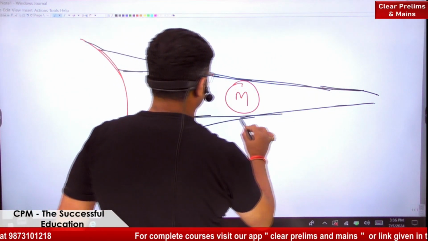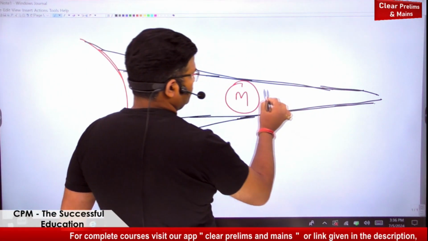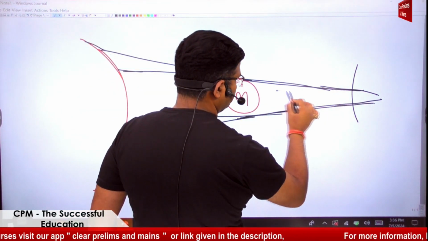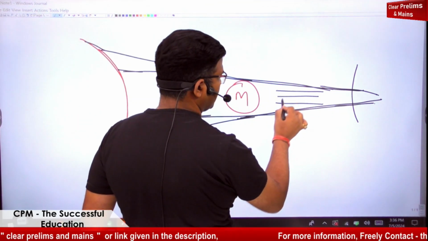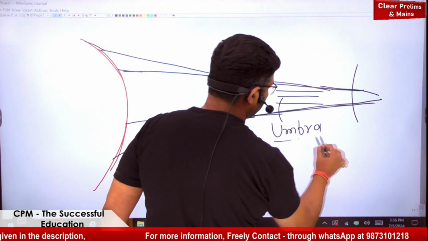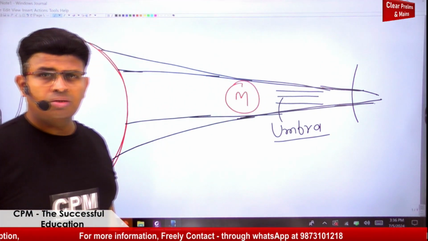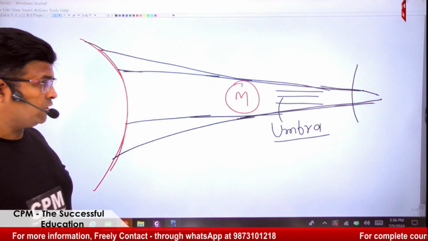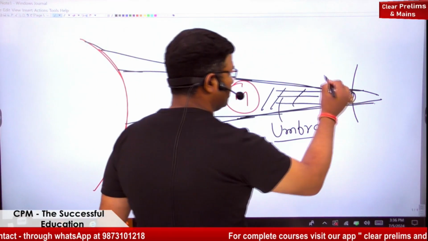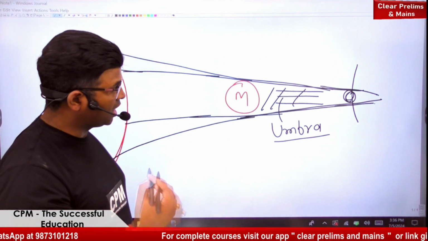When the sun is giving its light, here the moon is completely blocking it, and then this side is the complete shadow. This complete shadow area is known as umbra. During the solar eclipse, on the earth, the people living in this region will find complete shadow, darkness.